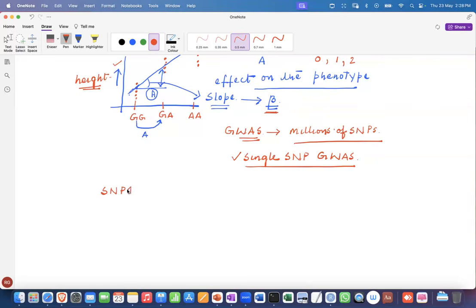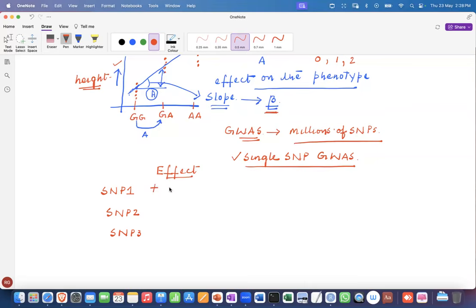Let us say SNP1, SNP2, SNP3. Now, what do you have here? I told you, you have the effect. And what was the effect I told you? Effect is nothing but the slope.